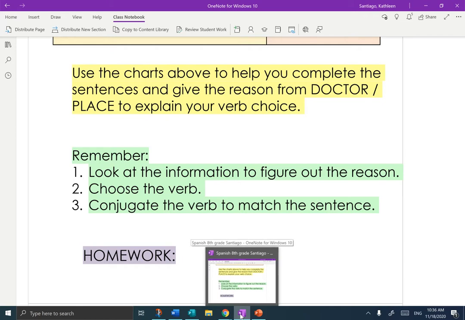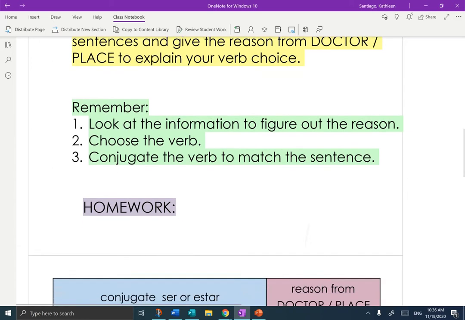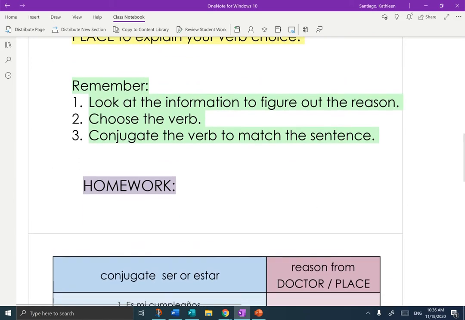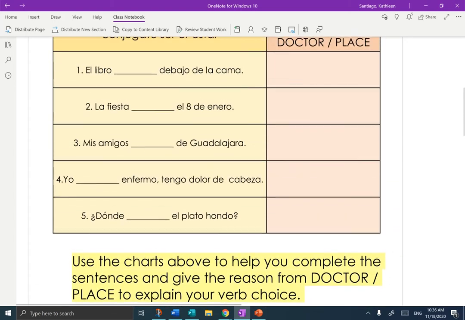Instead of looking at the blank line and looking in front of it, for this one, because both ser and estar mean to be, you actually have to look at the information in the sentence to figure out what reason from ser versus estar, choose the verb ser versus estar, and then conjugate the verb to match the sentence. So we're going to work a little bit backwards. And you can see that the blue and kind of pink, that is your homework, but we're going to work through the top ones together.